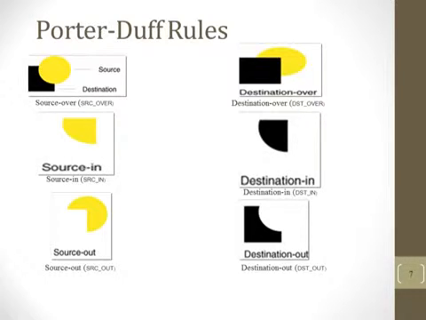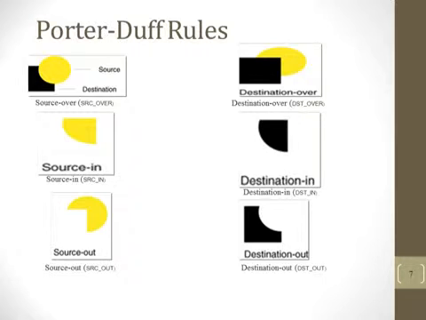Here we want only the intersection but with the source color, which means source in, then Fs will be alpha d and Fd will be 0. And destination in, then Fs will be 0 and Fd will be alpha s.